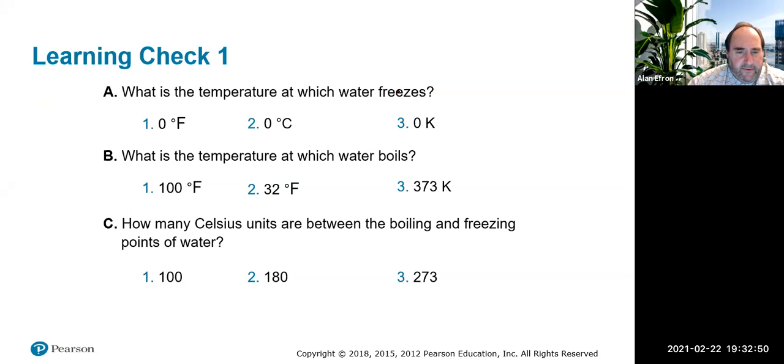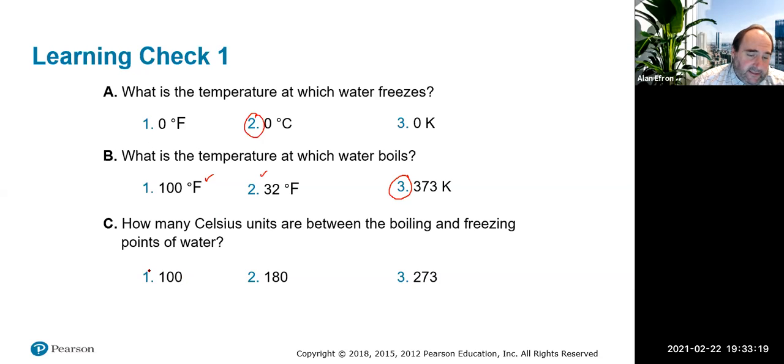Just to go through what we just talked about: what is the temperature at which water freezes? It is 0 degrees Celsius. And at what temperature will water boil? It will boil at 373 Kelvin. That's the boiling point on the Kelvin scale. These are not the boiling points. And how many Celsius units are between boiling and freezing?